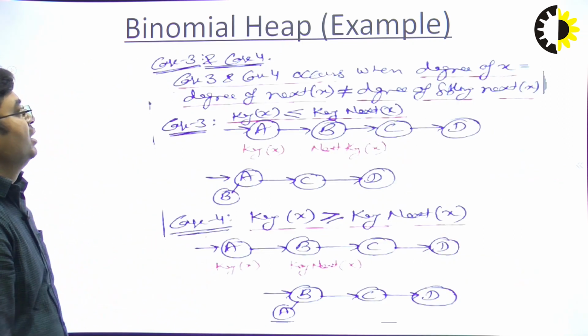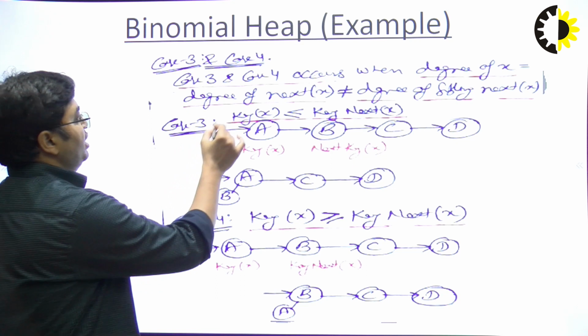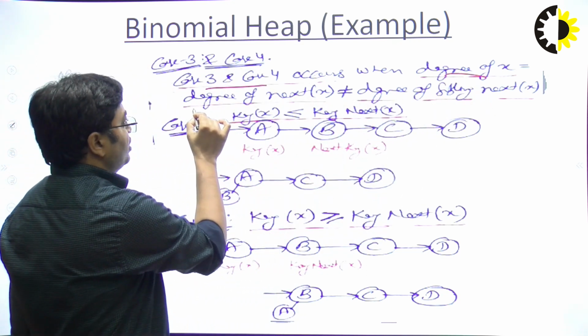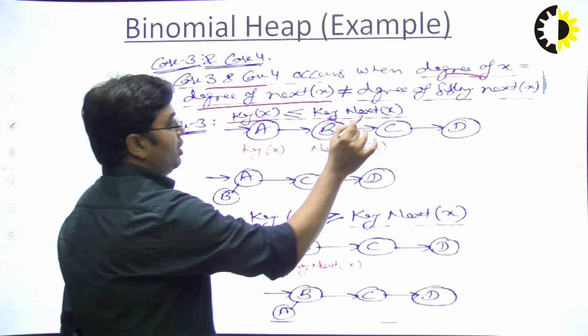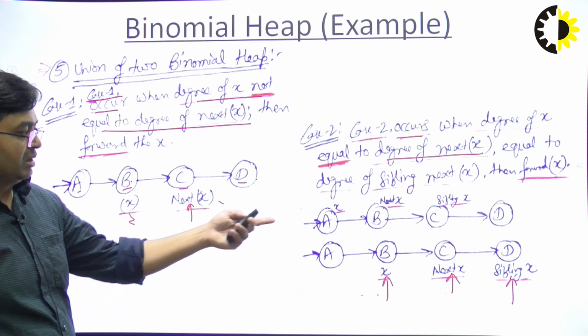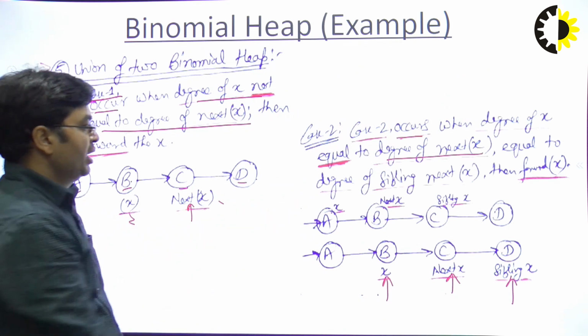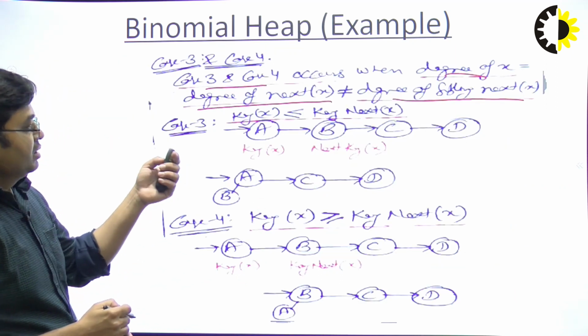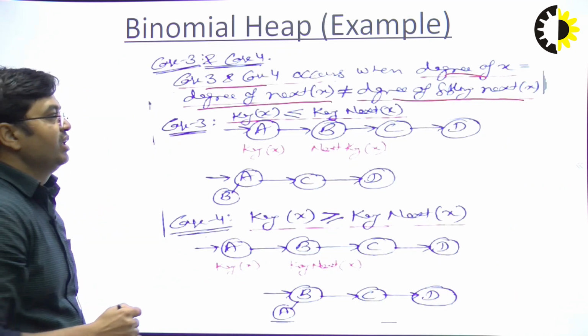Case 3 and 4 occur when the degree of x is equal to the degree of next of x but not equal to the degree of the sibling of next of x. So we are considering 3 values at a time, x, next of x and sibling of next of x. We are now comparing all the 3 values.